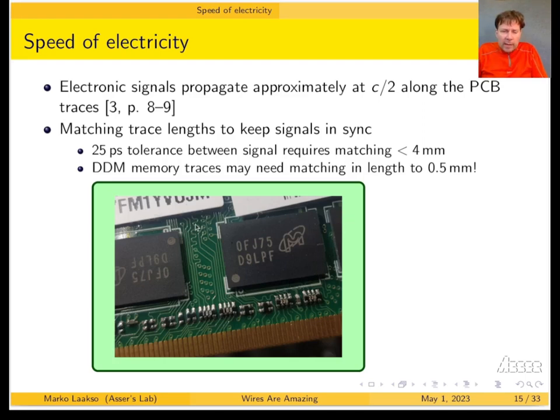Here we see these wiggly lines, which are here to match the length of different traces, so that the signals arrive in sync to the load. So even if the paths have different routes, they all preserve the length of the route. You have those curves all over the PCB.